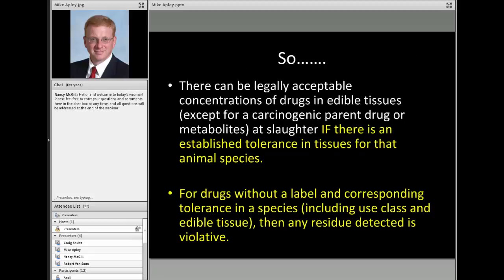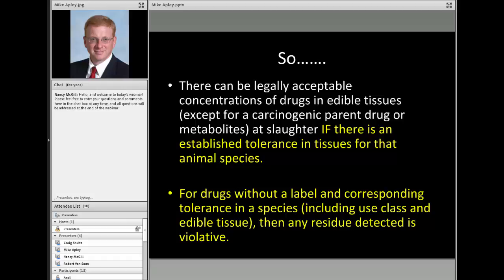So there can be legally acceptable concentrations of drugs in edible tissues, except for a carcinogenic parent drug or its metabolites, which are also carcinogenic, if there is an established tolerance in tissues for that animal species. So for example, in dairy cows, if you have a residue detected of sulfadimethoxine, which is a sulfa that's okay to use in dairy cows if it's for a label purpose, and if that residue is below the tolerance, that cow is not violative.